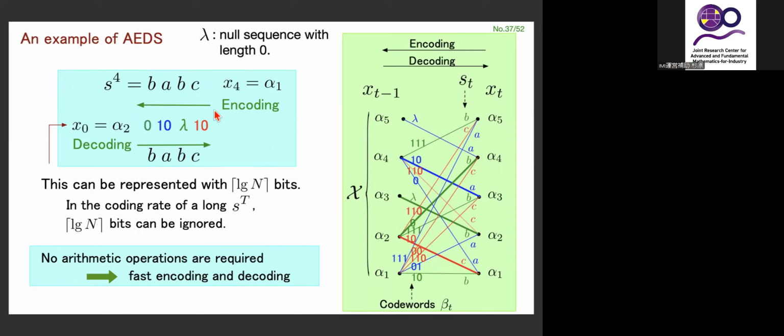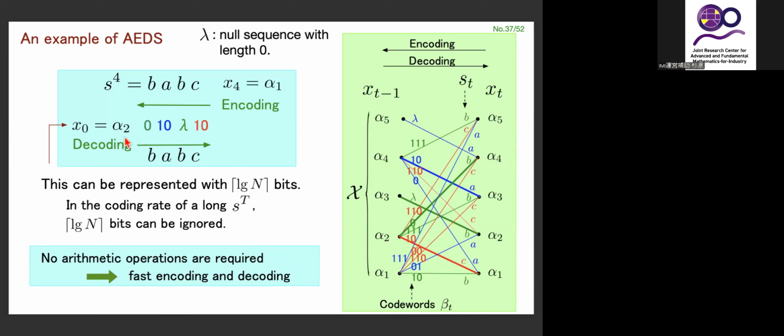The second last symbol B is encoded to lambda, the null sequence, and we move to alpha 3. And A is encoded to 1, 0, and we move to alpha 4. And finally, B is encoded to 0, and we reach alpha 2. Therefore, x0 is alpha 2.